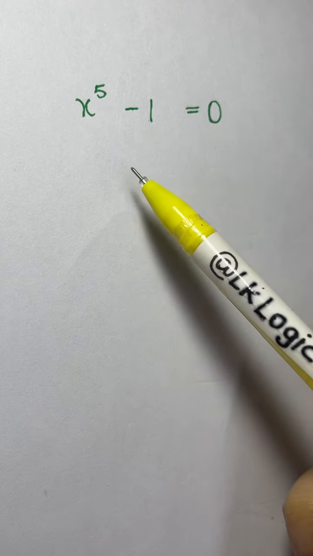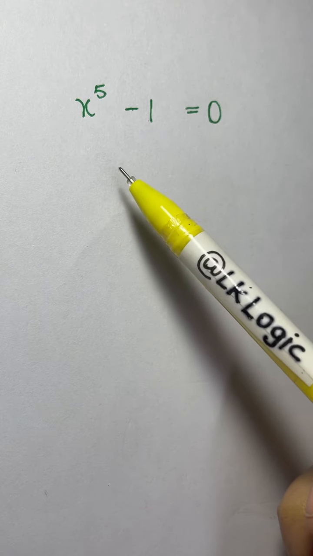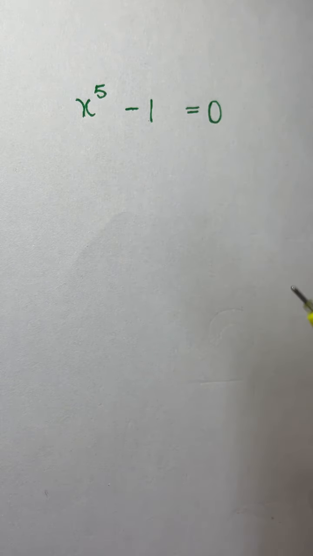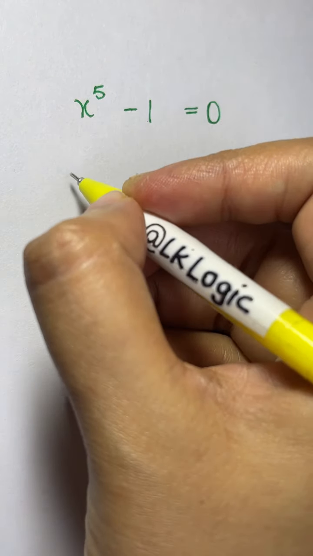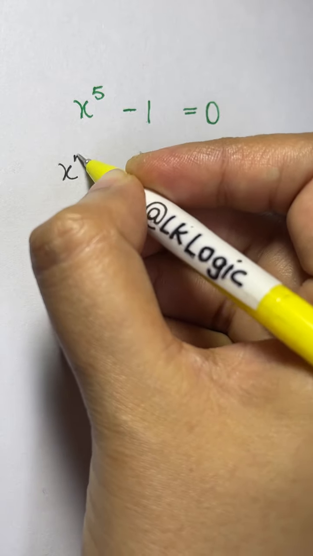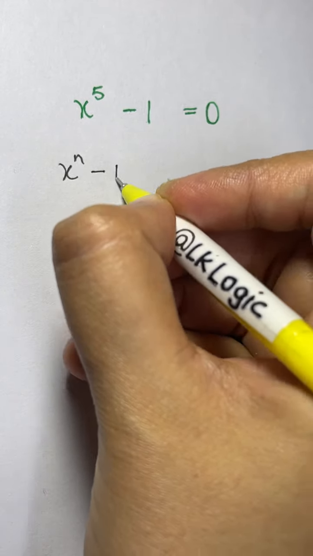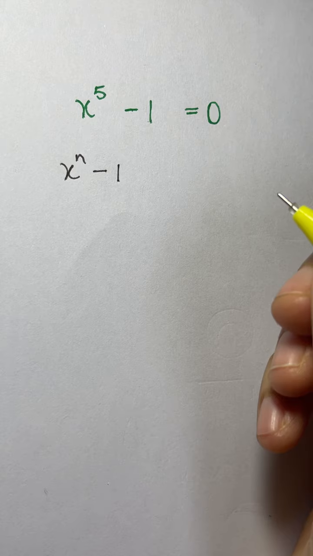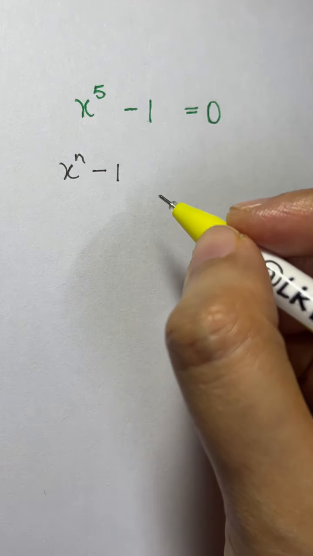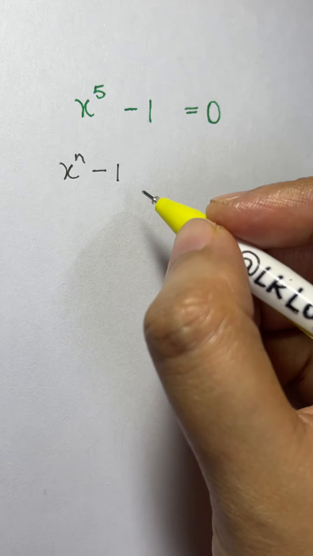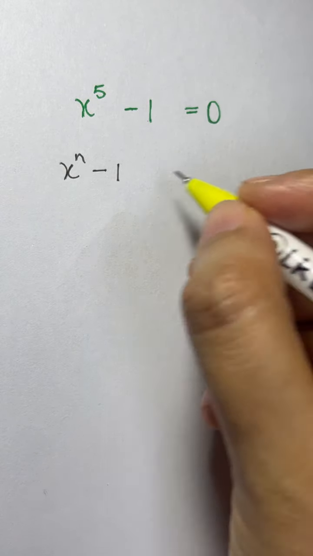So how should we do this? What can we do? We have a formula. I'm going to write that, and that is x to the power of n minus 1. Now this can always be factorized. The result of this, you have to memorize.